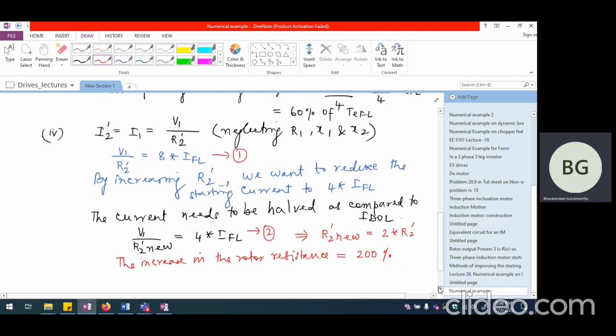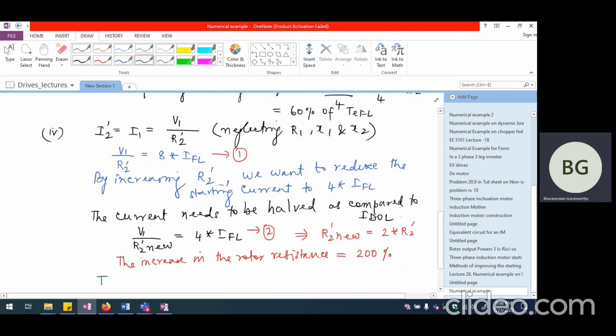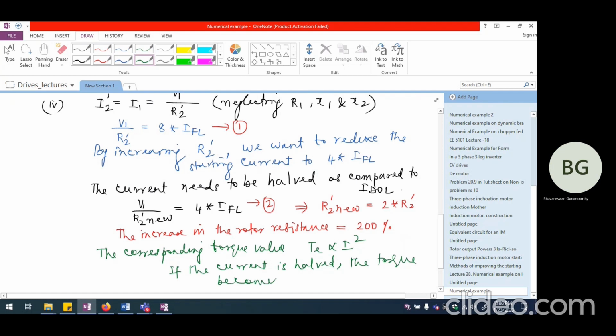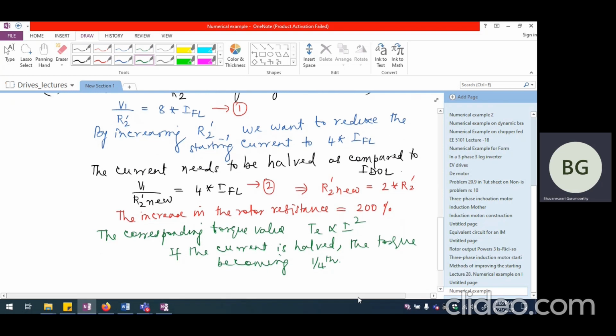And if we have to calculate the corresponding torque value, what kind of torque value are we going to have? So if the torque is proportional to I square, and the current is halved, then the torque becomes 1/4.